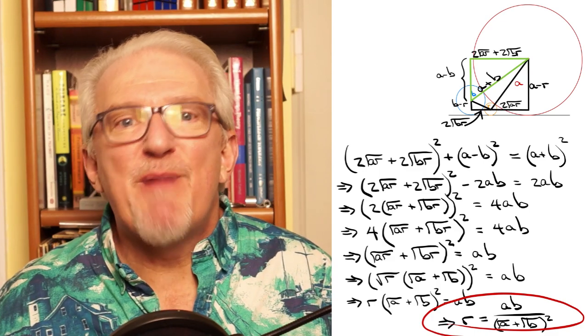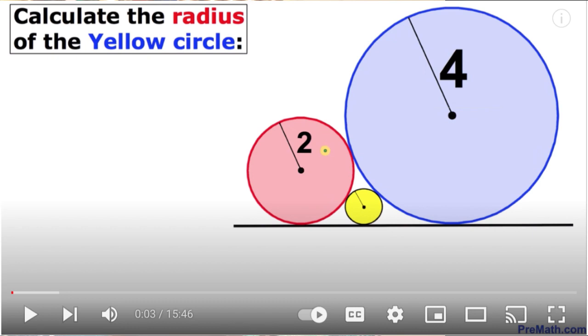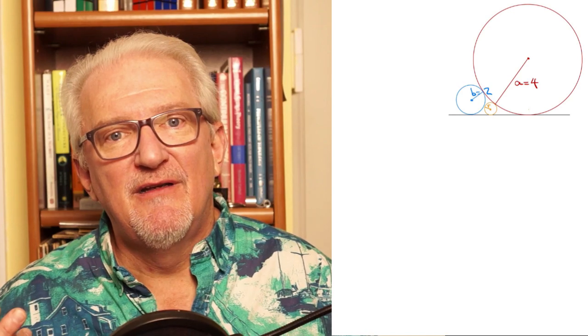This problem was inspired by a video that was produced by PreMath in 2021, in which he challenged his viewers to find the radius of the yellow circle in the specific case when the radii of the two larger circles were 4 and 2.